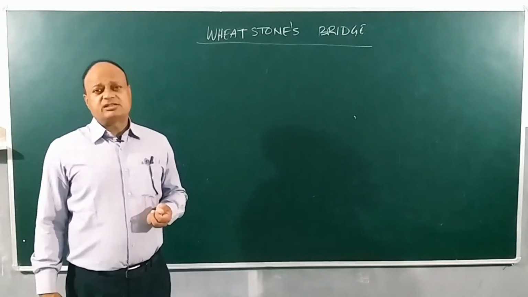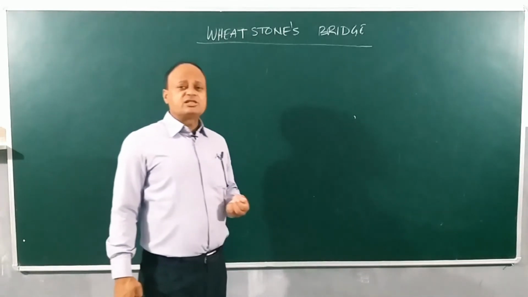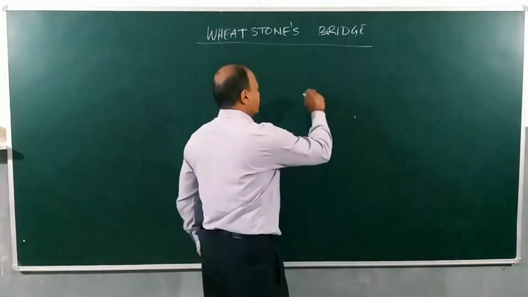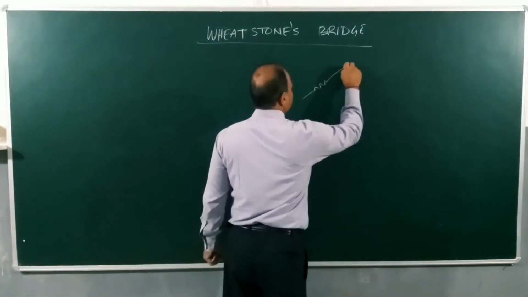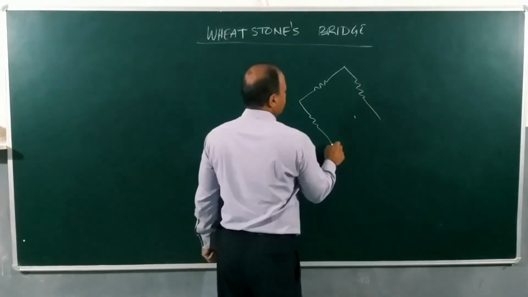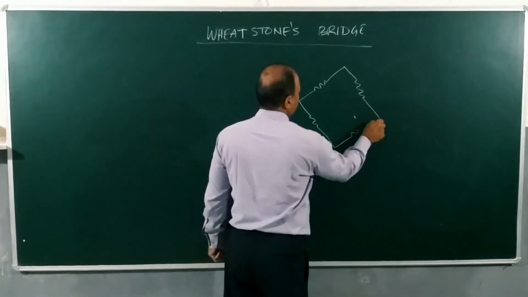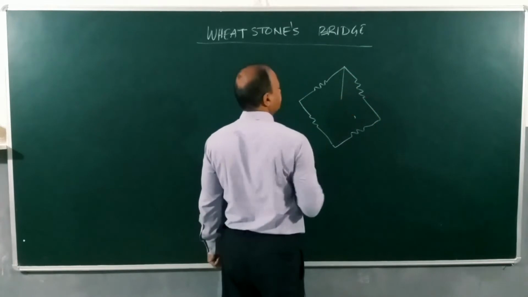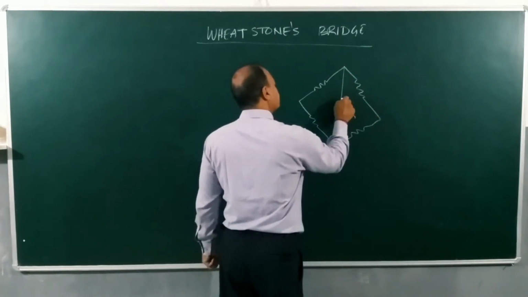In fact, it's a theoretical device which consists of 4 resistances. Here are the 4 resistances connected in the form of a star, and here we have a bridge.